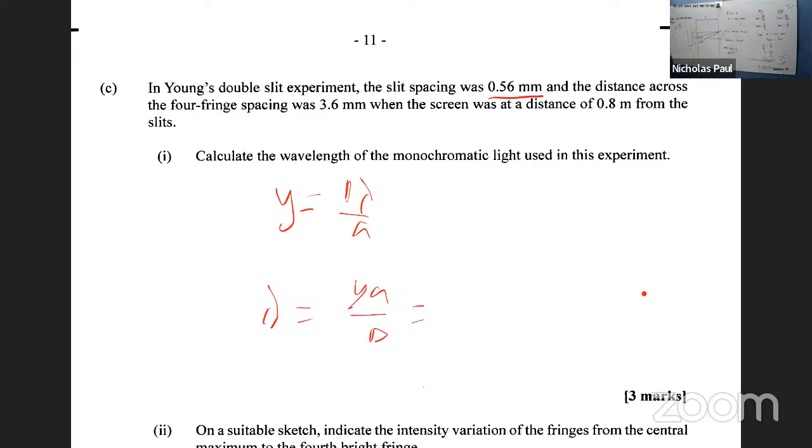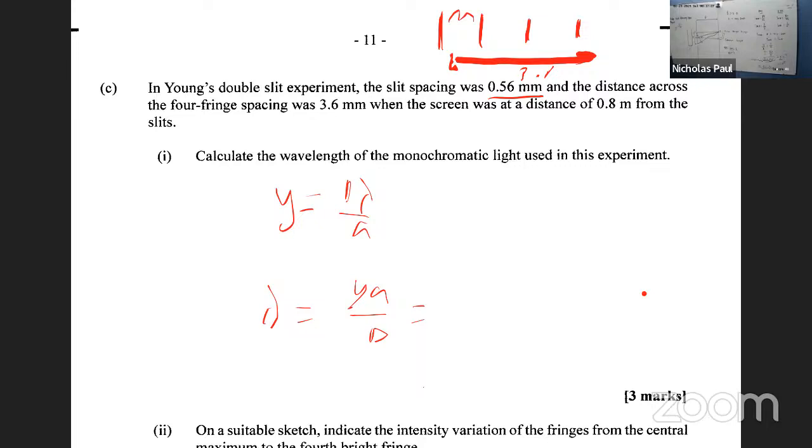What was y here earlier? Why did you divide by 3? Right, so 4 fringes mean 1, 2, 3, 4. So the separation here is 3.6. So how many y's in between them?